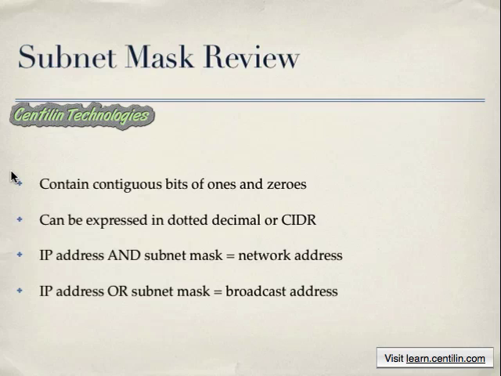Performing logical AND and logical OR operations on an IPv4 address with its subnet mask can be used to obtain its network address and broadcast address. So in this lesson, we'll also use these techniques to find out the range of usable host addresses.